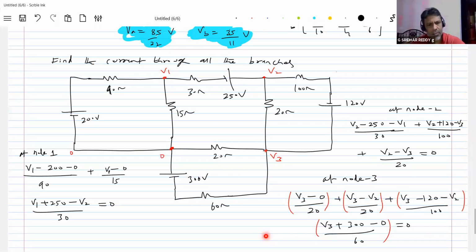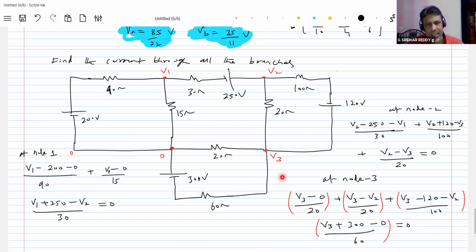So you assume here I1, I2, I3, I4, 4 equations, 4 unknowns, then solve it, you'll get the required answer. Or in the branch current method, you assume current I1, I2, and so on. The distribution of current itself will take more time.